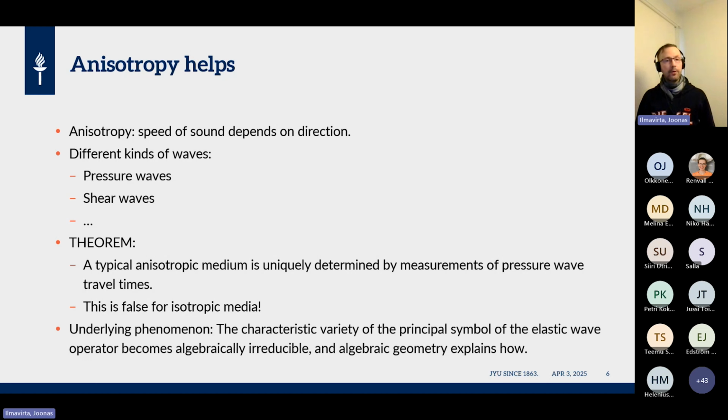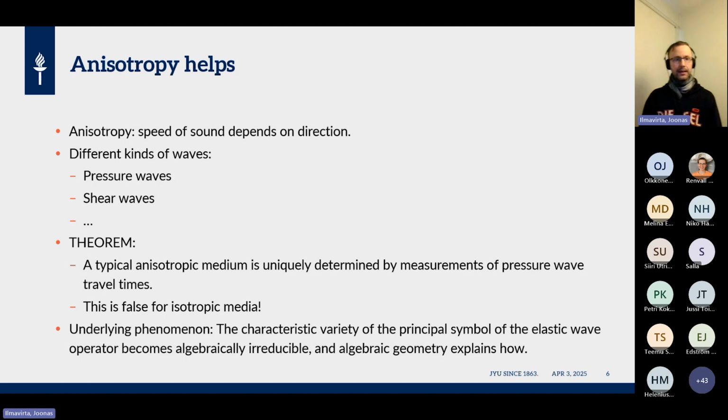So it is enough to do all your measurements with just pressure waves, and that will be enough information to determine everything you would possibly want to know about your material. There is unfortunately the word typical there, so this might not hold for all anisotropic media, but most of it, and there are technical reasons for that.